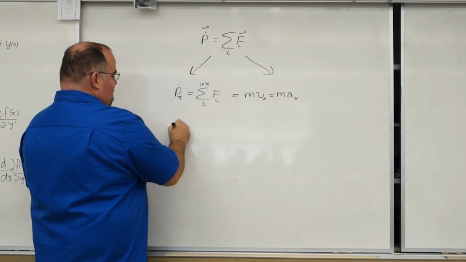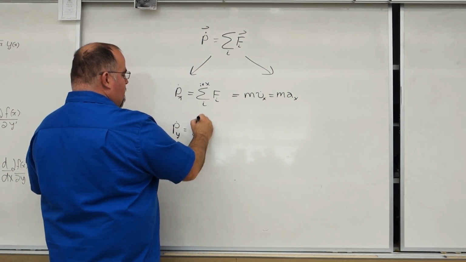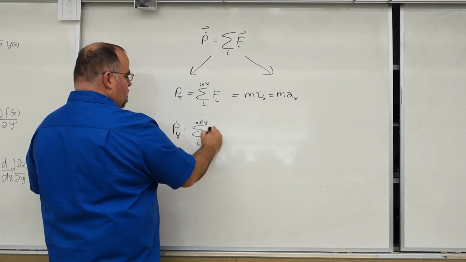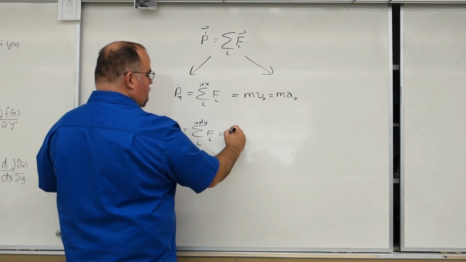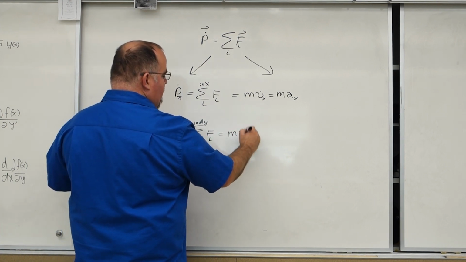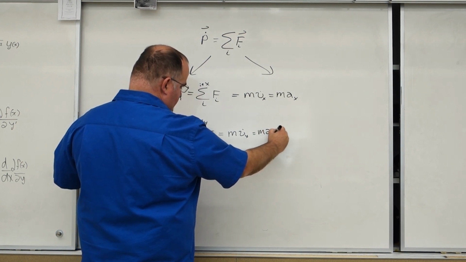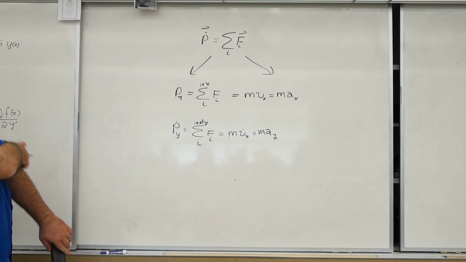Then we can do the same thing for the Y. In all Y, M V dot in the Y direction, M A in the Y direction. So I've just broken it out.